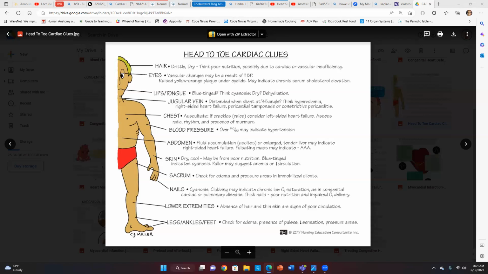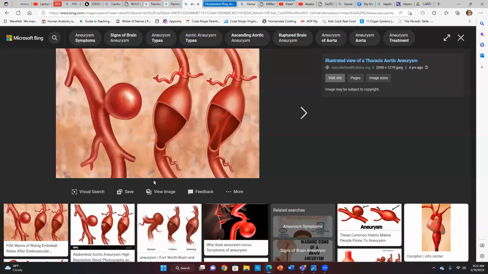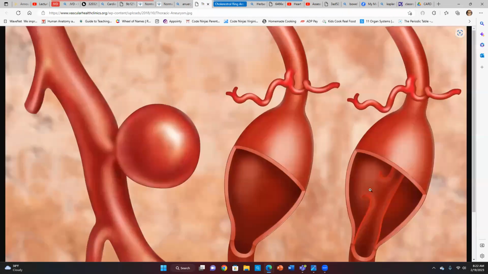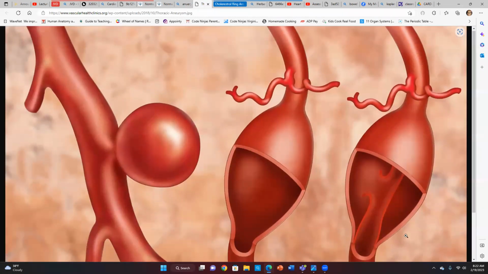Let me just bring a quick picture here so you can see what we're talking about. What am I concerned about if my artery is ballooning? Rupture. That's right. Excellent thinking. So what if the aorta in your patient ruptures?